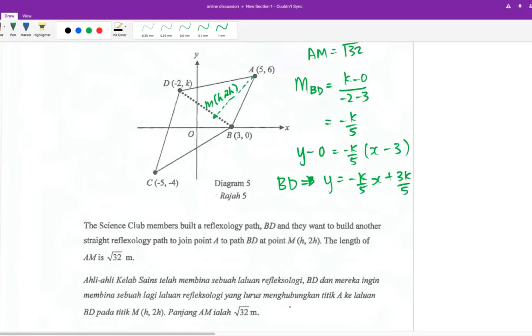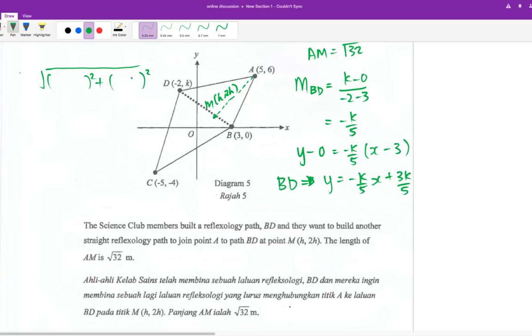Alright, then the next thing I will do is try to use the distance formula over here, because the distance for AM is square root 32, which is given. So the distance formula should be quite okay, right? So I will just do it over here. The distance formula basically has two brackets squared, plus together, square root. This one is actually a pattern of Pythagoras, alright?